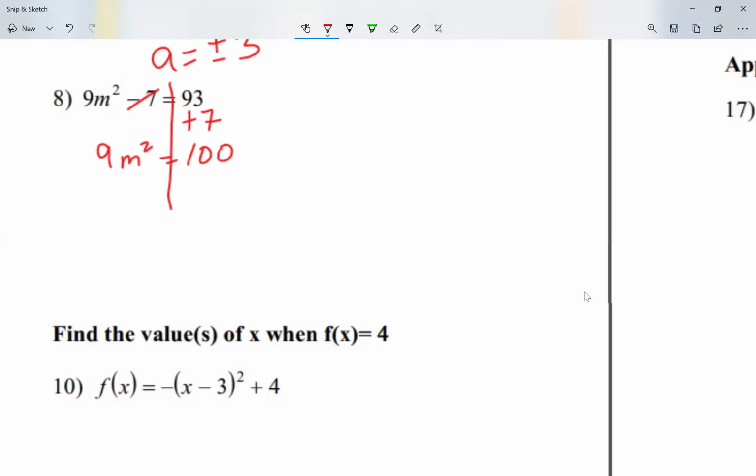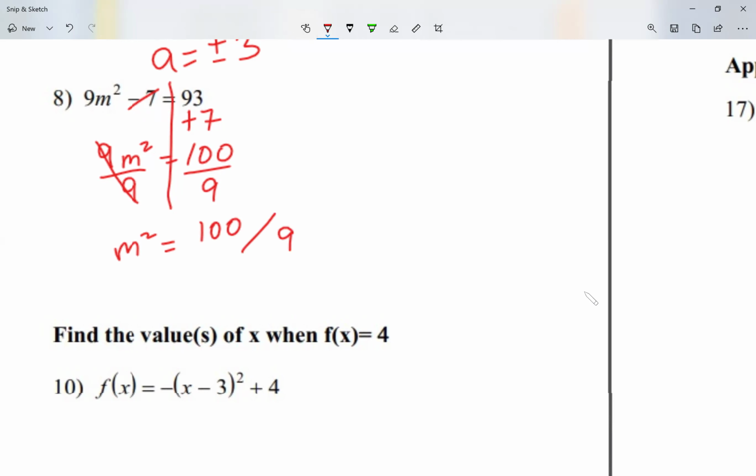Now, to get the m squared by itself, let me divide this by 9. So m squared, 100 divided by 9, I use my calculator, it gives me a decimal, so I'm not going to use that. Instead, I'm going to keep it as a fraction. I'm going to keep this as 100 over 9.